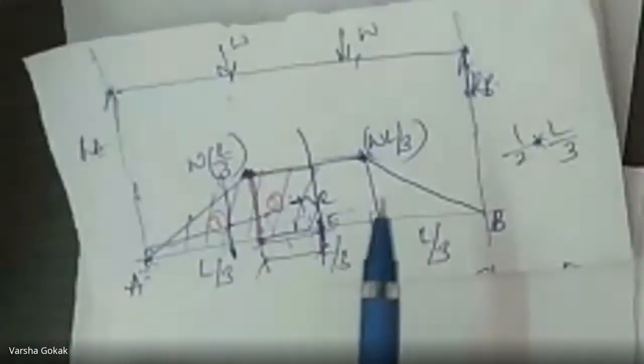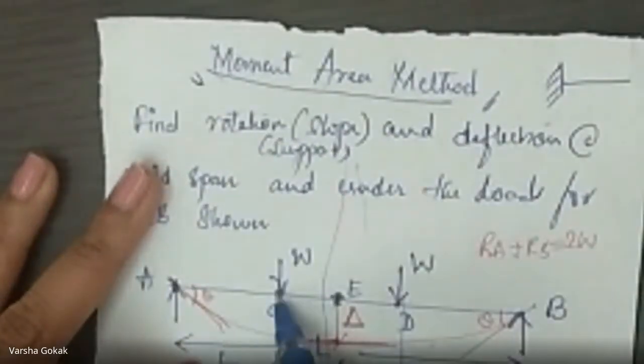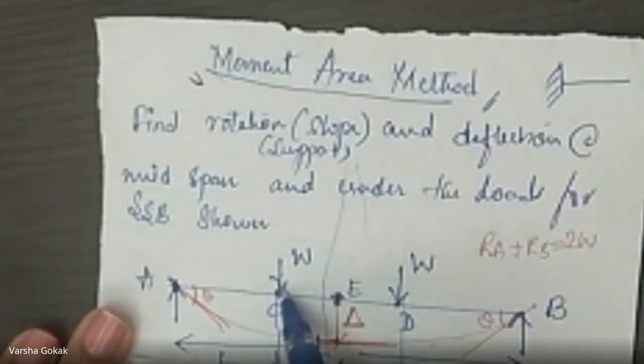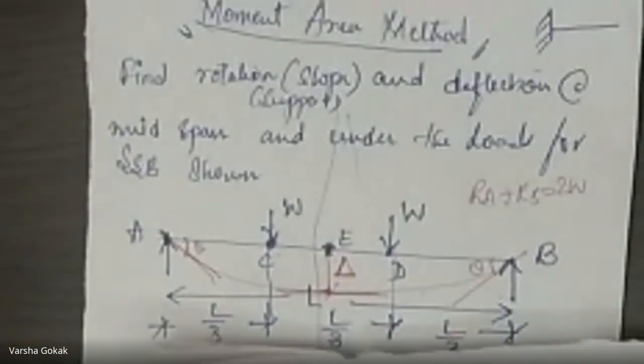They've also asked us in this particular numerical to find the deflection at point C. Now can you tell me how do I find the deflection with respect to point C? Any guesses? I have to find the deflection at this point.